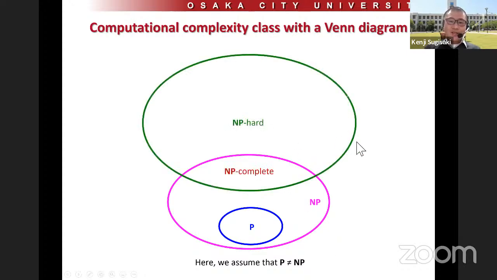And there are NP-hard problems. This intersection area, the connection between NP and NP-hard, corresponds to the NP-complete problems. So the problems in this area are the hardest problems within NP.